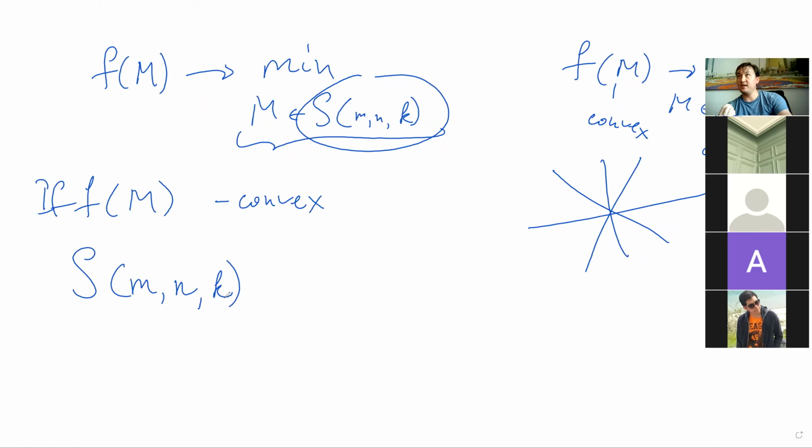whose rank is not greater than k, we know a very simple fact. Suppose that this is an M times N matrix, right? And we know that its rank is not greater than k. Then what do we know about that matrix?